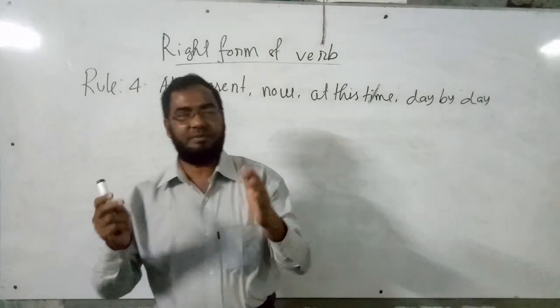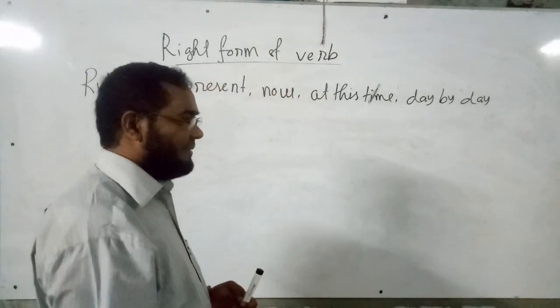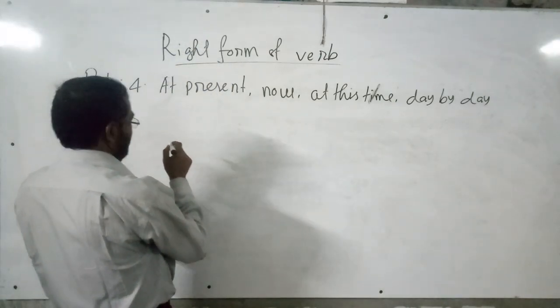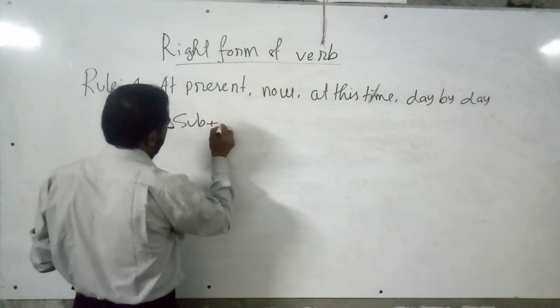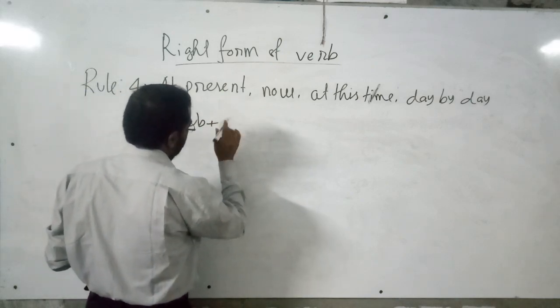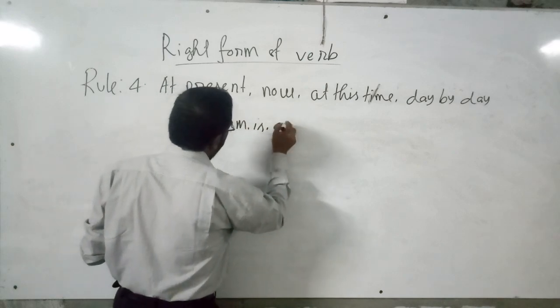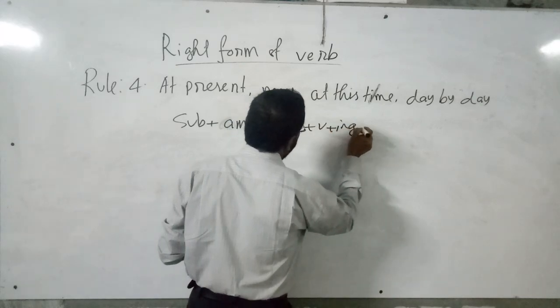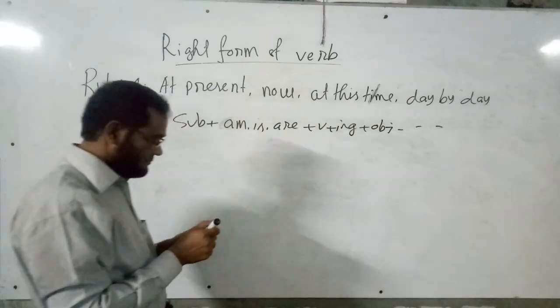Continuous, that means verb with ing: auxiliary verb plus main verb plus ing. The formation of present continuous tense is subject plus auxiliary verb is, am, are plus verb plus ing plus object or extension.